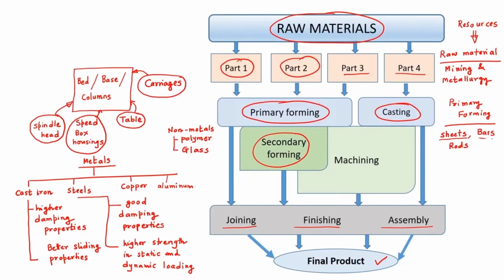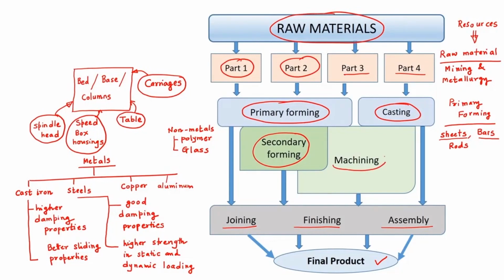If we have bars, we use the bars directly for the welding operation. If we want bent bars for our construction purpose, the bending operation is the secondary forming operation. Some parts need to be manufactured of the required size and shape by using the casting operation, but the casting operation will not provide us a good quality surface finish.